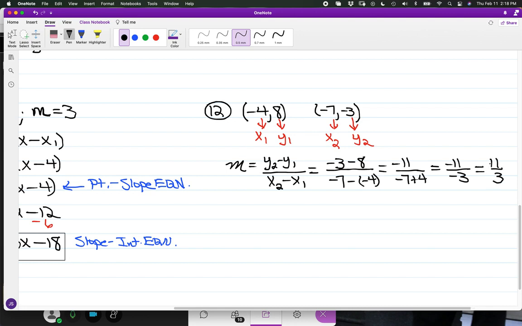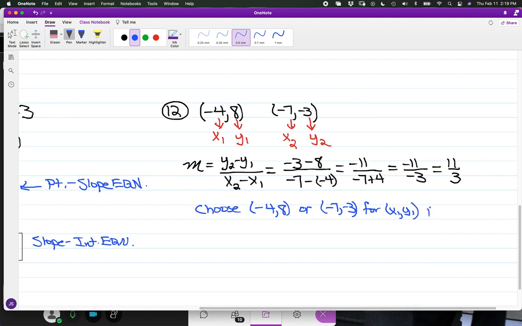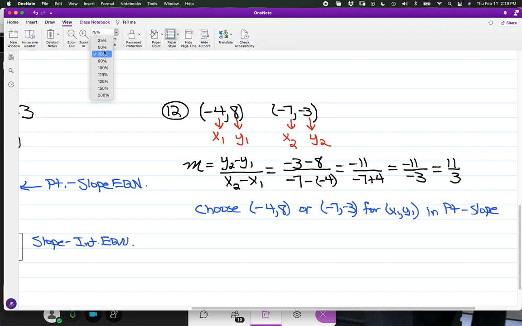So the slope is equal to 11/3. Now, in the case of the point-slope equation setup, you can choose (-4, 8) or (-7, -3) for x1, y1 in the point-slope equation.